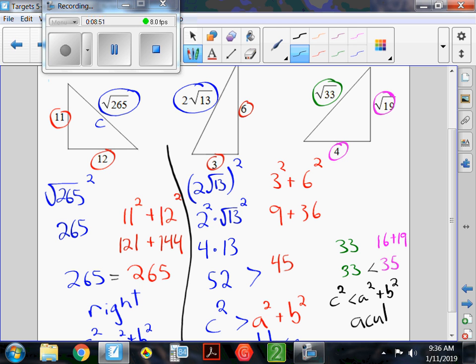And I think about it as if the c squared value is too small to make a right triangle, then the angle across from it is too small, which makes it an acute triangle.